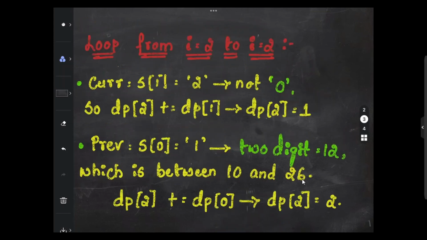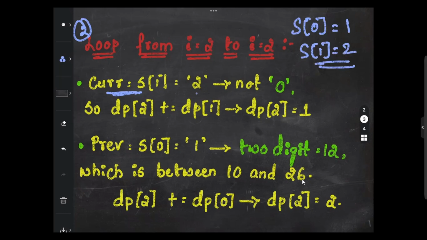Let's move on with the second main step here. S of 1 is 2, not 0, so we will be looping from i equals 2 to i equals 2. We have the digits 12, where S of 0 is 1 and S of 1 is 2.